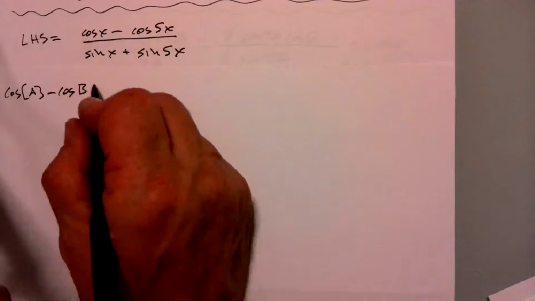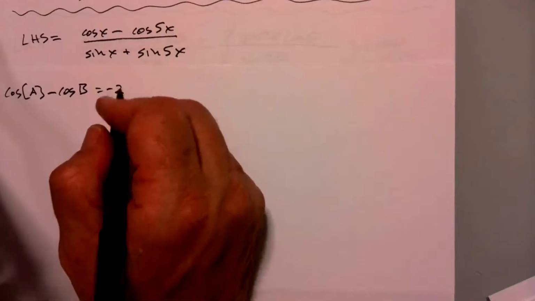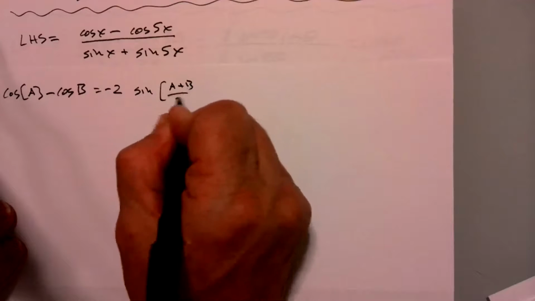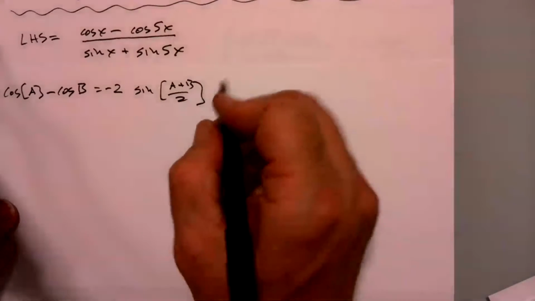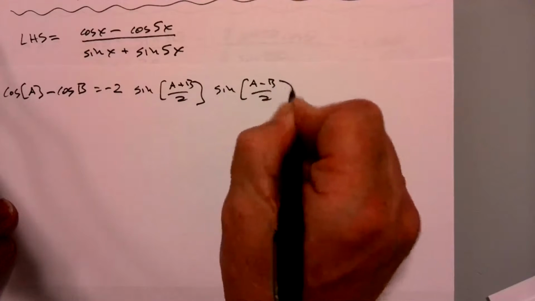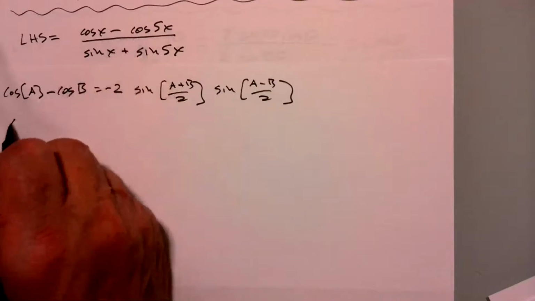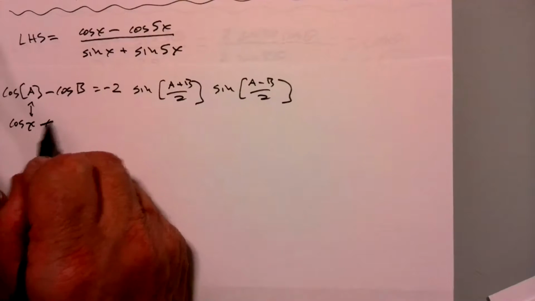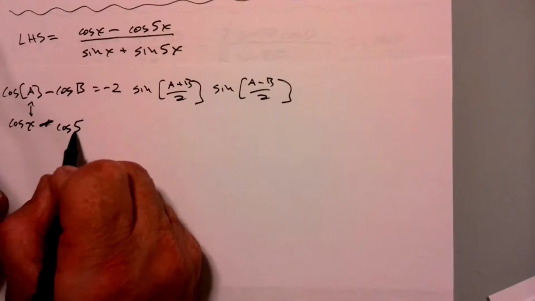Cos a minus cos b is negative 2 sine a plus b over 2 sine a minus b over 2. So this time I have cos x minus cos 5x. A is x, B is 5x.